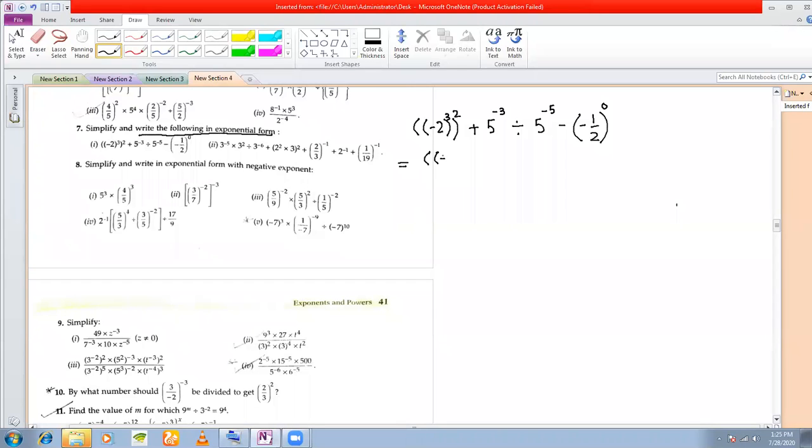Or better still, first write half to the power of 0 as 1. Then we'll carry out the division. Minus half to the power of 0 is 1. Agreed or not? Now we'll carry out the division.